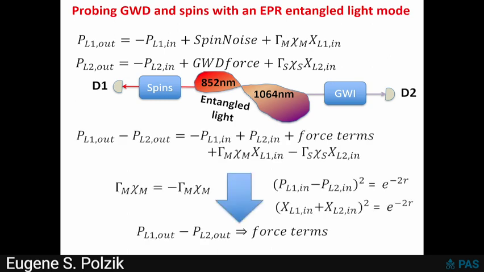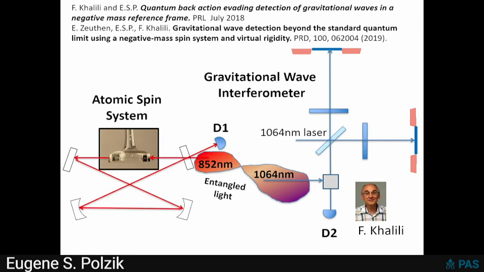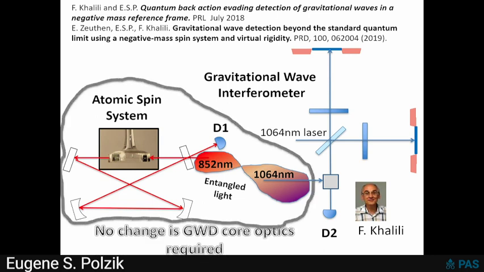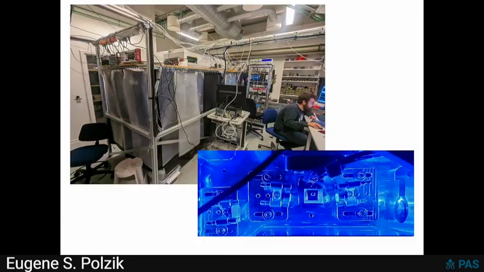And using entangled light, we can hopefully achieve that. So in the lab, we're building this part, and then we simulate the interferometer response and hope that if we do it good enough, then it will be an attractive system, but not just for that.